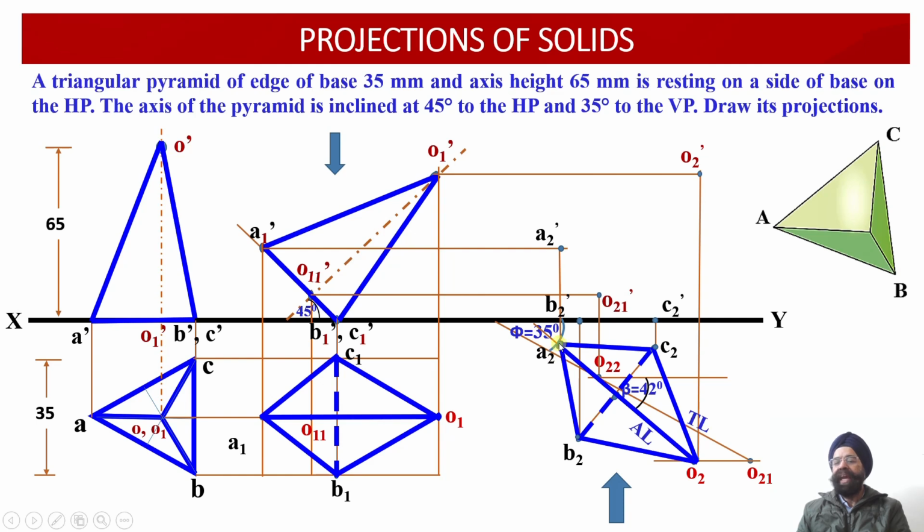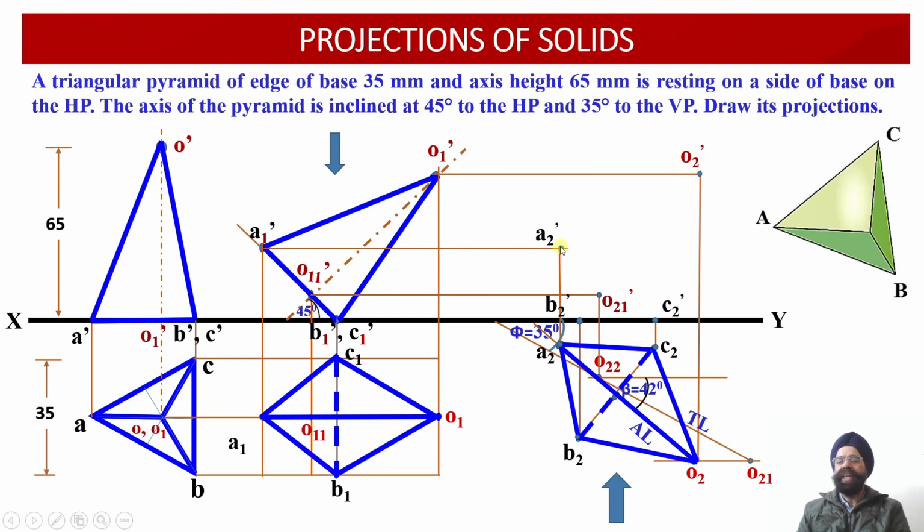So any edge or line joining A2 dash in the front view should be drawn as a dotted line, unless that edge appears on the boundary of the solid. Everything else will be drawn dotted.